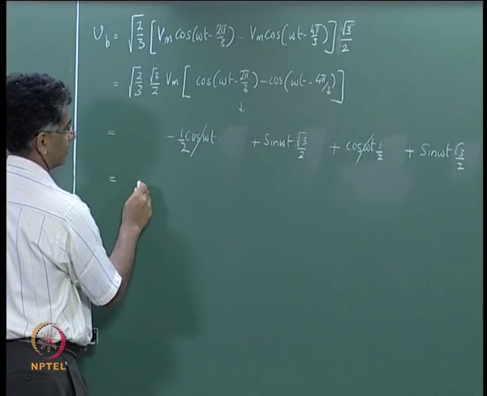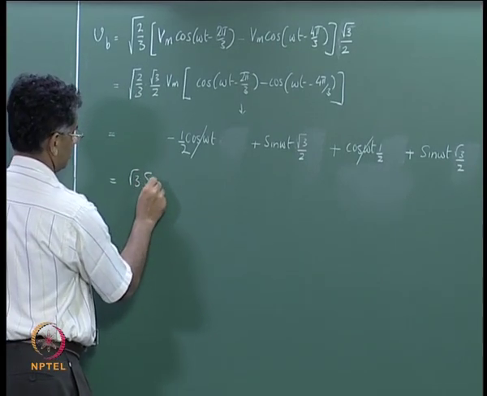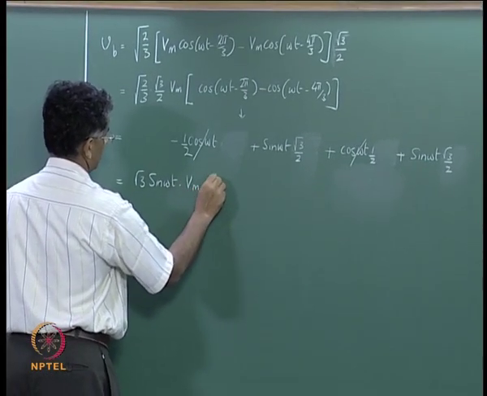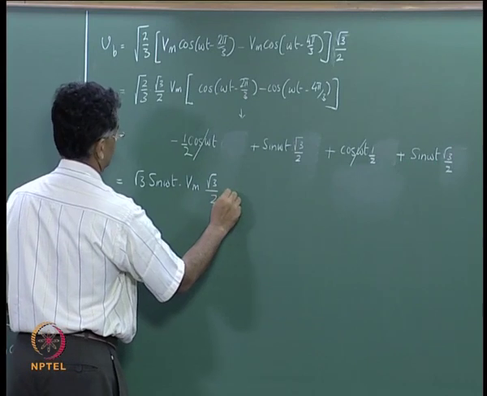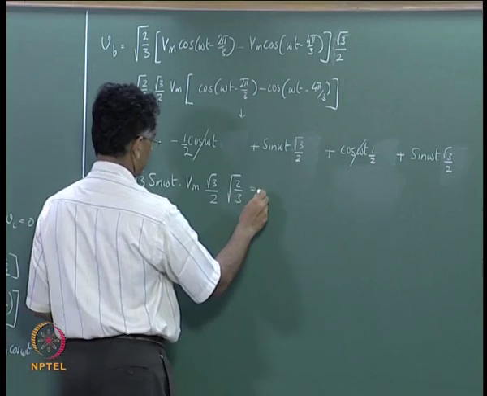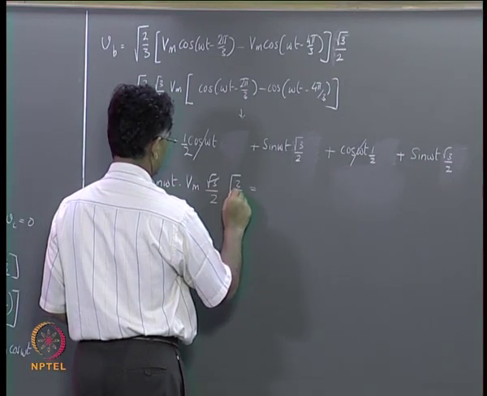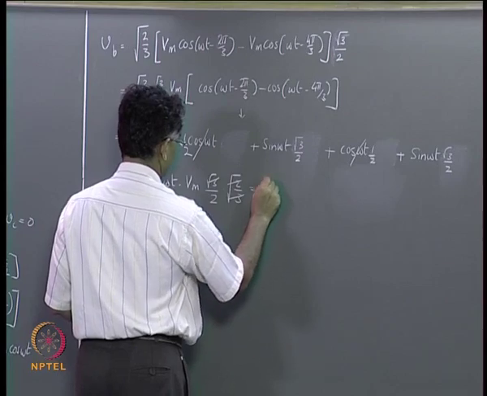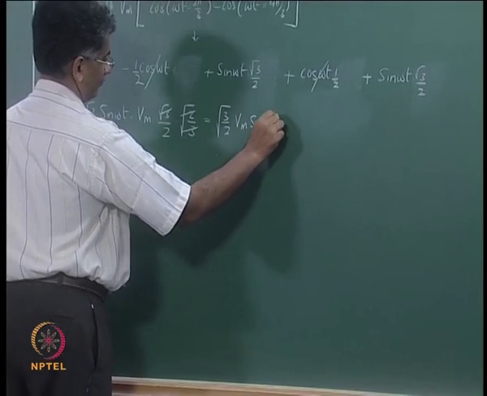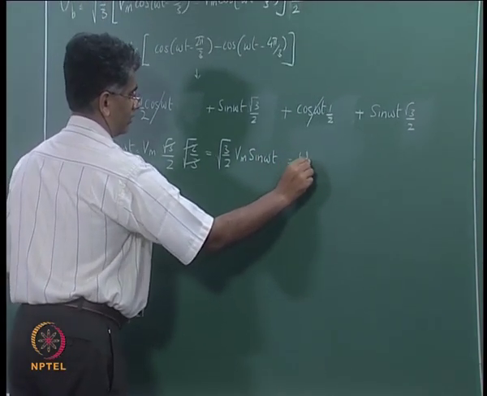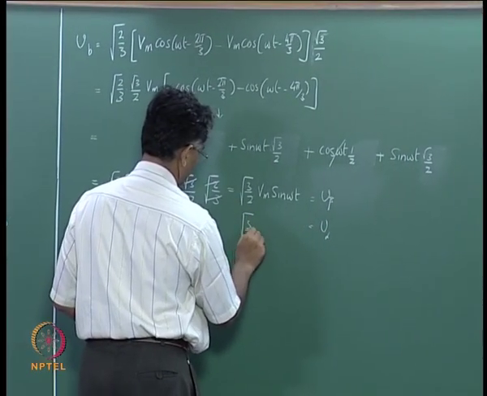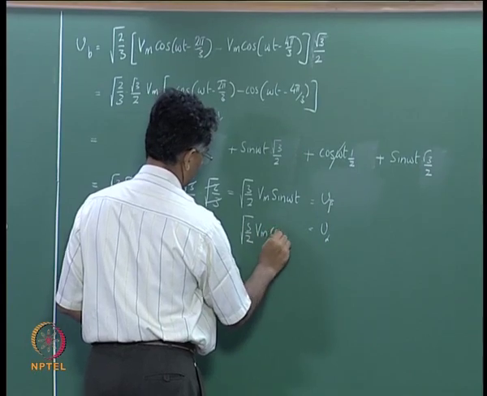So, what you are left with is root 3 sin omega t multiplied by Vm into root 3 by 2 into root of 2 by 3, that is nothing but root 3 cancels and then you have root 2. So, you have root of 3 by 2 into Vm sin omega t. So, this is nothing but V beta and your V alpha was root of 3 by 2 into Vm cos omega t.